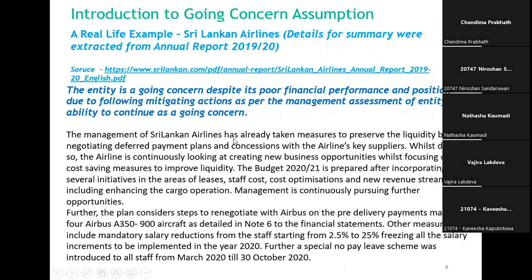Now you will see that there are events or conditions and the management plan of action to justify why, despite having these events or conditions, the use of the going concern assumption is still appropriate, right? So the entity is a going concern despite its poor financial performance and position due to the following mitigation actions as per the management assessment of ability to continue as a going concern.